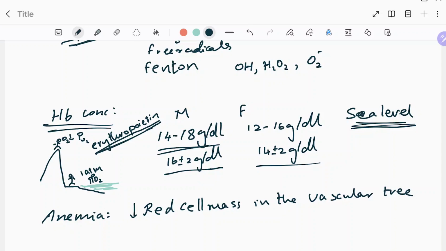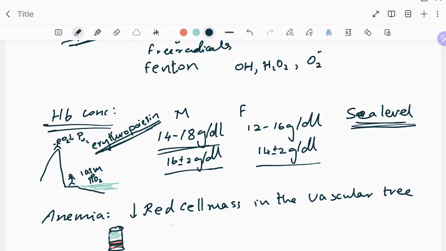Remember, this is your blood vessel, the representation. 40% of it is cells, the remaining is plasma, we know that. Now if you remove some of this, what's going to happen? You're going to have reduced red cell mass in the vascular tree. And this anemia happens because you've reduced this mass over here.